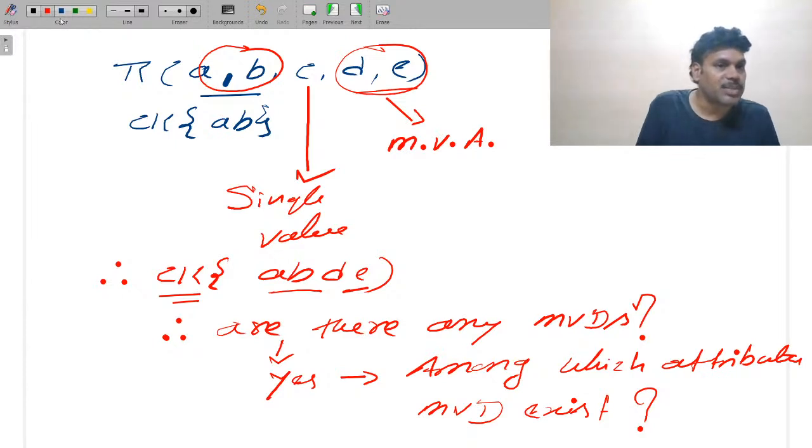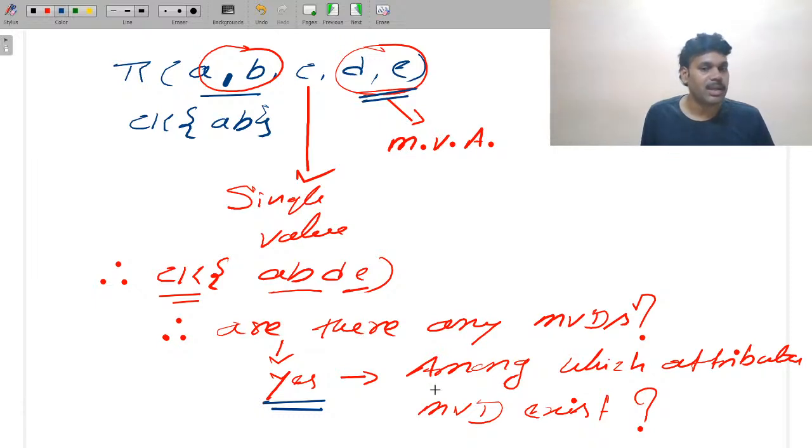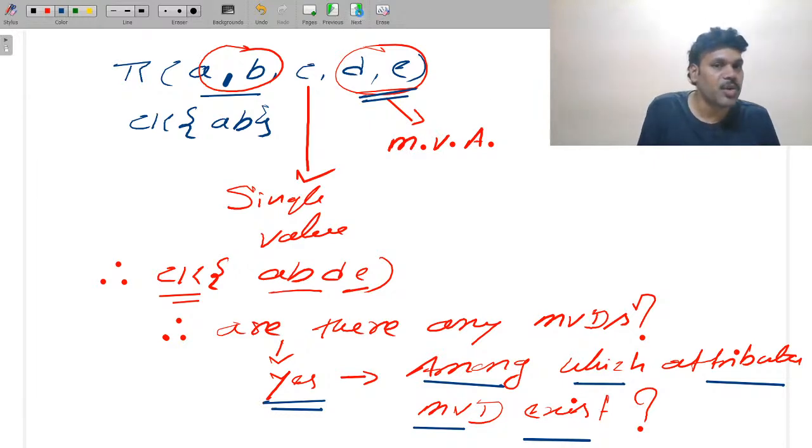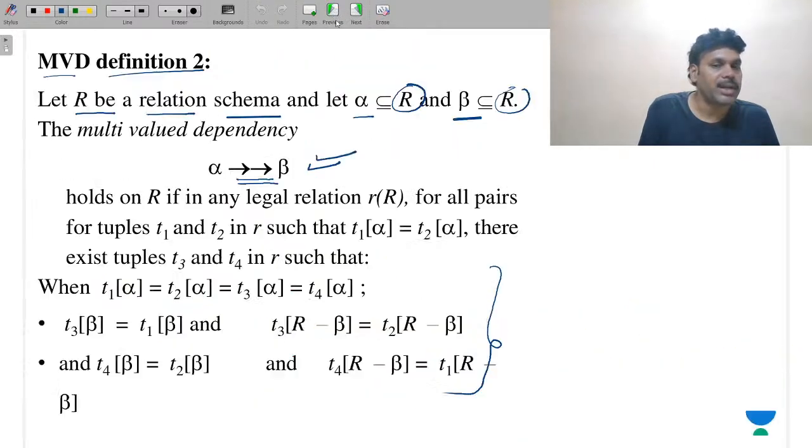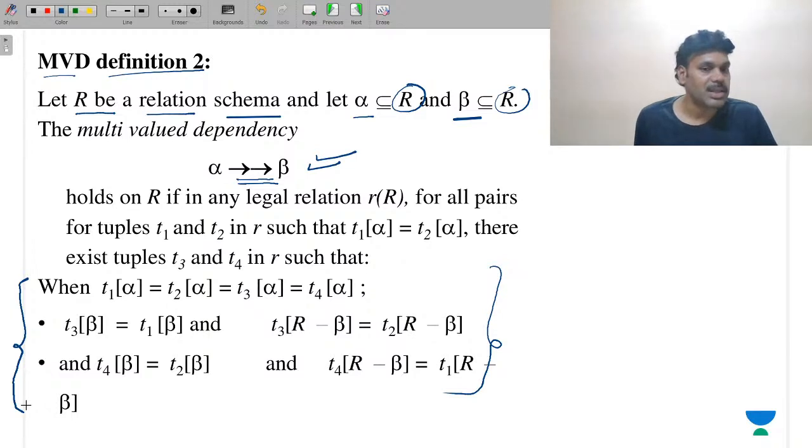We can confirm that there is a multi-value dependency as there are multiple multi-valued attributes, but you cannot say among which attributes you are going to get the multi-value dependency. To prove that, there is a mandatory condition to follow. What is the mandatory condition? This is the mandatory condition to identify multi-value dependency.